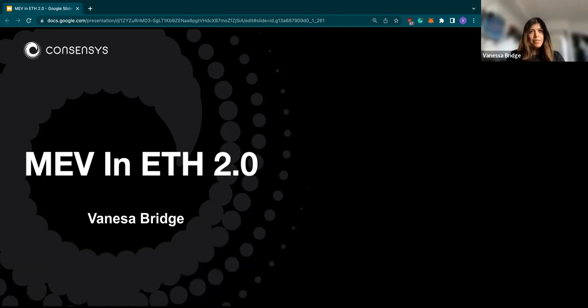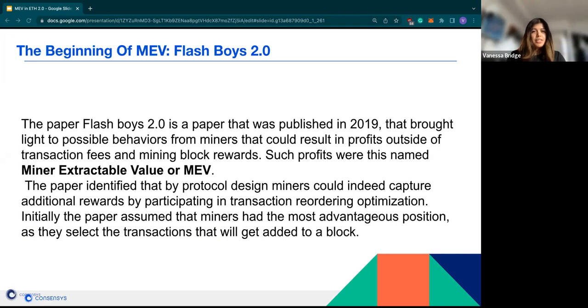So what is MEV? Let's start with this. Let's just give a little bit of context. MEV was something that was coined back in 2018, 2019, when these researchers came together and they were looking at the protocol, trying to understand if actions that were taken on the transactional level of the blockchain could affect the inner parts of the protocol.